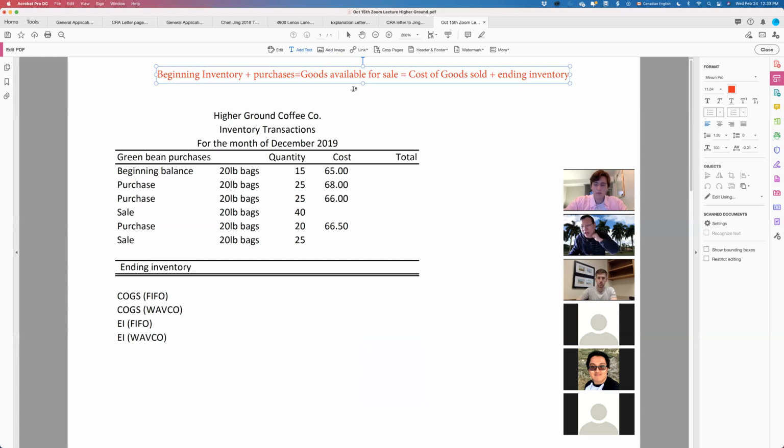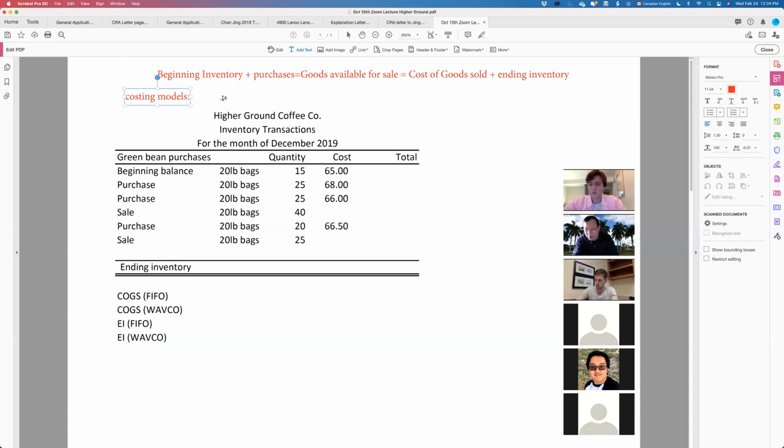Now we have different cost models, right? So how can we calculate cost of goods sold? Opening inventory and the purchases, you know, because that's how much you paid. But how are you going to know the cost of goods sold? You also want to know the ending inventory at the end of the year. So we have different costing models.